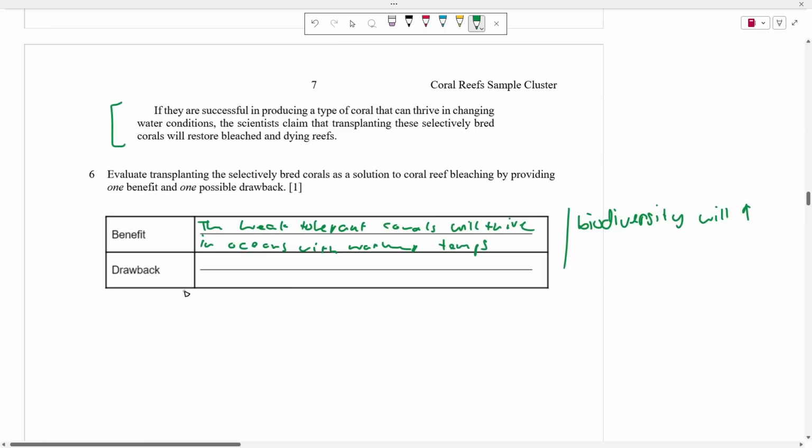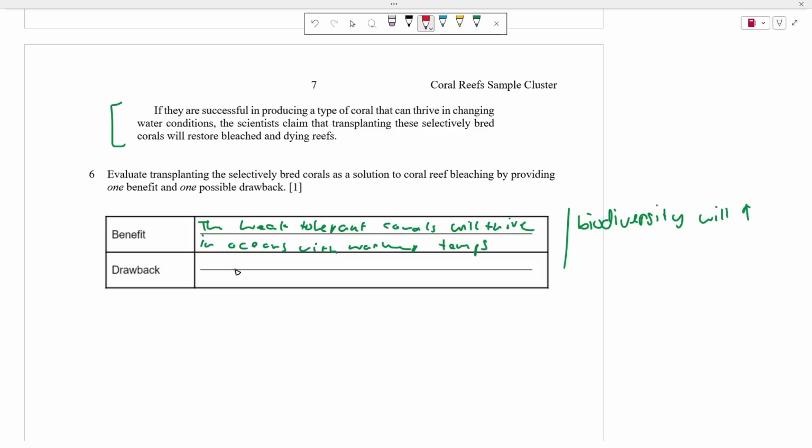Well, the most obvious drawback here is that you're introducing a non-native species into the environment, right? These selectively bred organisms are non-native. Why? Because we're taking them out of the environment, bringing them to a lab, and then selectively breeding them inside of a laboratory, right? So technically, they're not native to that environment, and they could become invasive to whatever environment we now place them in.